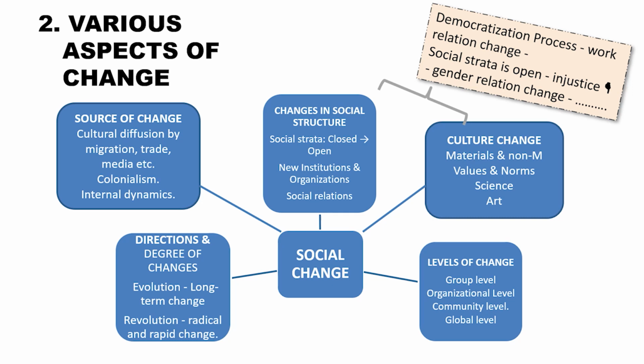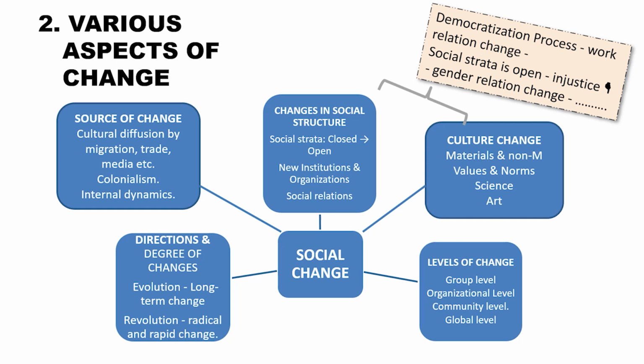Source of change is also, for example, from more cynical sources, like, for example, colonialism. Colonialism brings changes, radical changes even, in social relation, where on many occasions it involves racialist social relation, segregationist social relation, like, for example, in Indonesia in the past, with the Dutch as white and indigenous people as colored people.